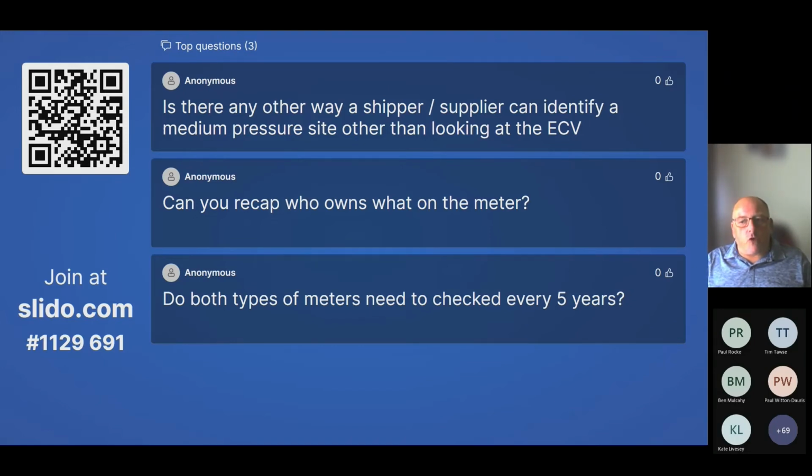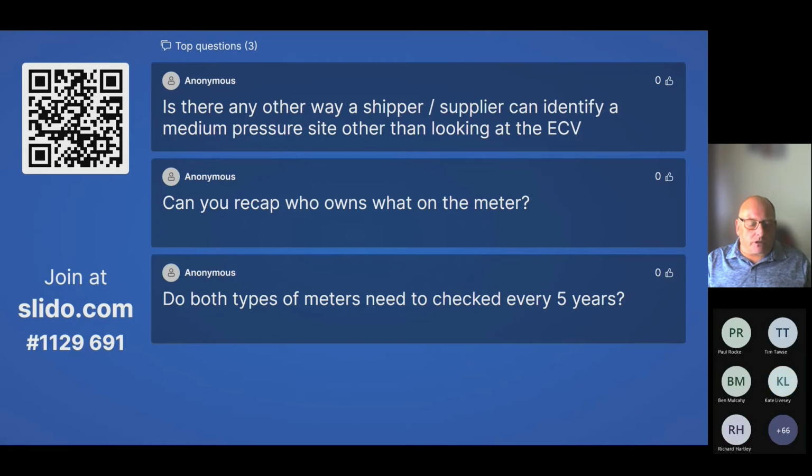So you can actually write to the network owner. So for argument's sake, if you were in Northern Gas Networks area, you can actually provide them with the MPRN and ask them to tell you the pressure tier on site.